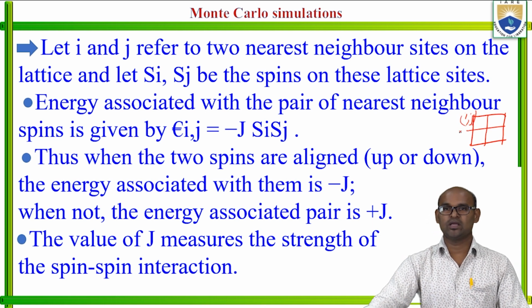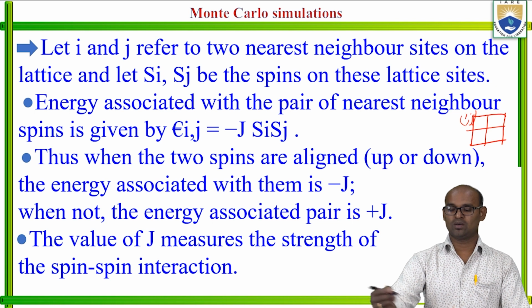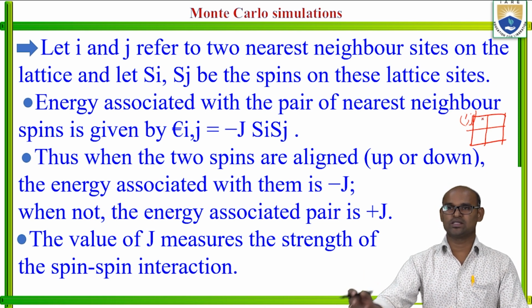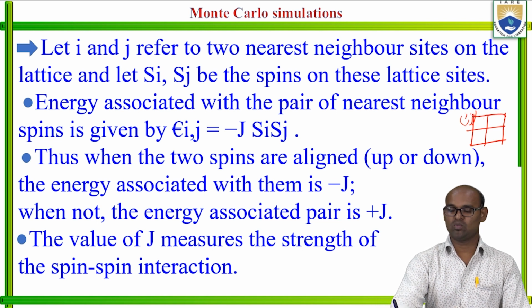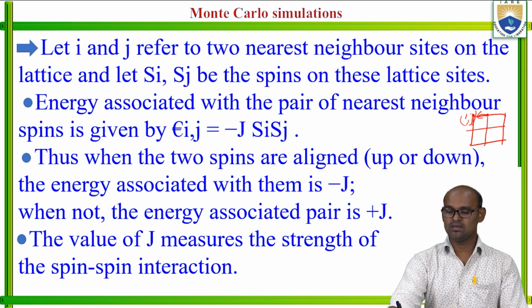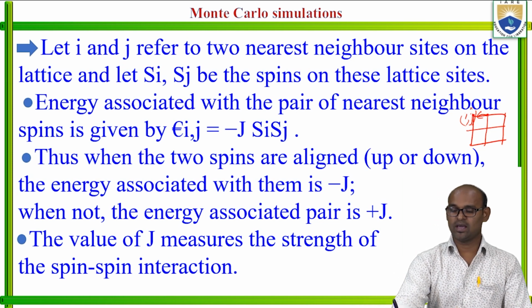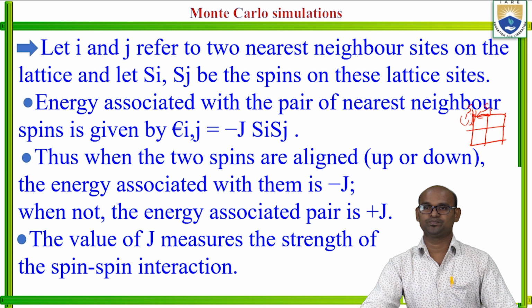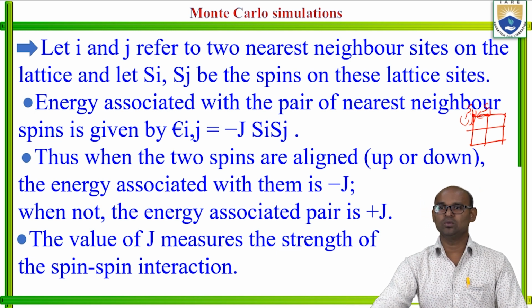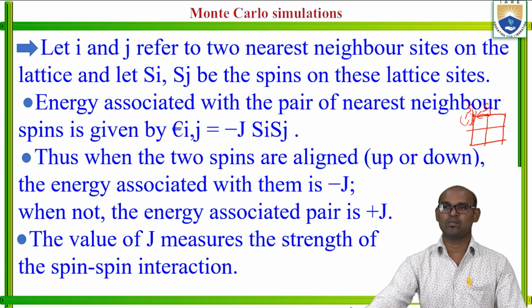Here I am taking two sites, one site and its neighbor site. Let me take S_i as the variable on site i, and S_j as the variable on nearest neighbor site j. These are the spins on two neighboring lattice sites.